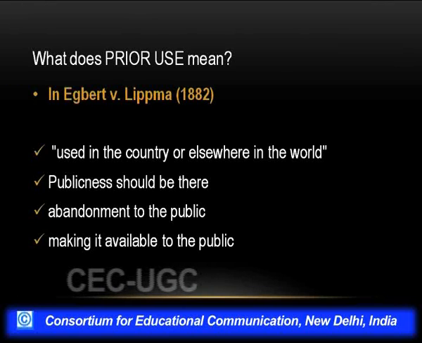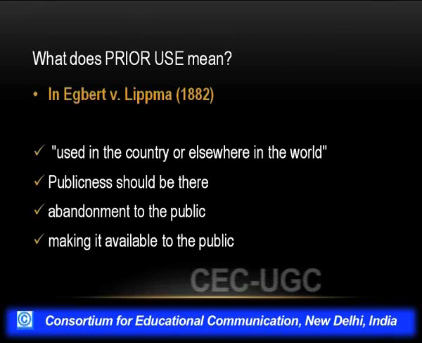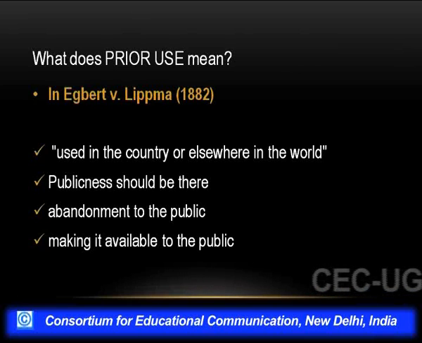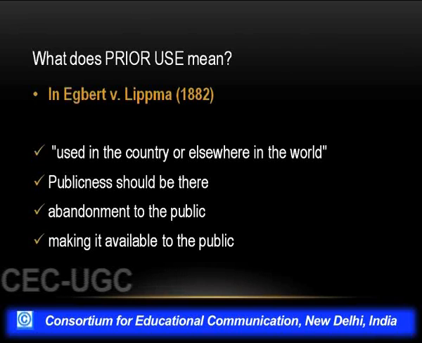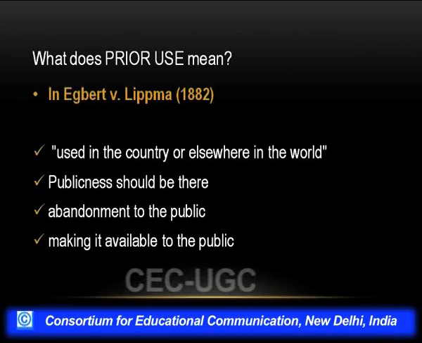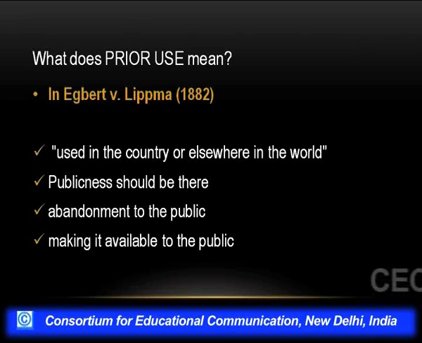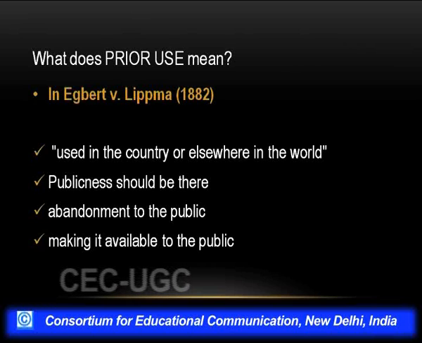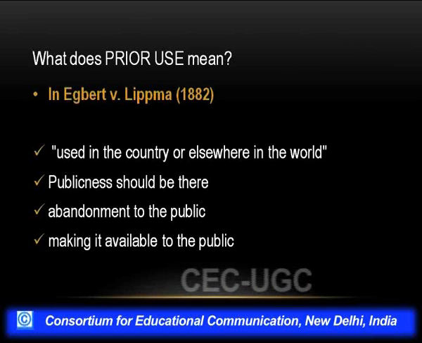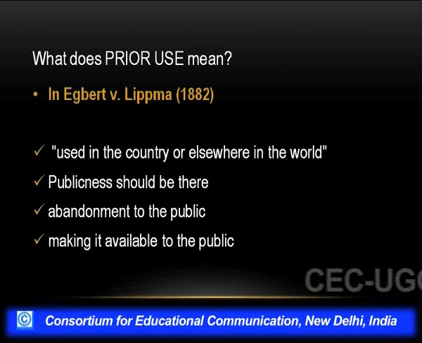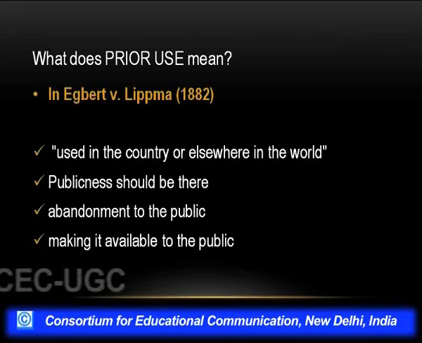But there lies a catch when it comes to this particular example. Suppose you give something to your friend or your colleague to be used by him, not to be disclosed to the public, and he uses it secretly without divulging, revealing or disclosing it to the public. In that case, it would remain a matter of argument, a question to be determined, whether it lacked the novelty or not.